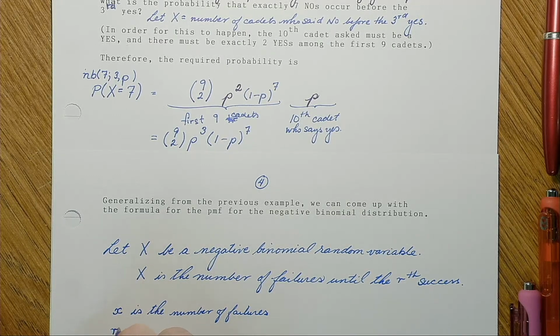We'll have r is the number of successes, and that's fixed. So together, there would be x plus r many trials.